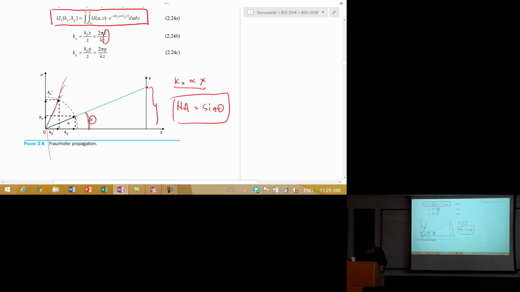How does the wavelength affect things? So kx is proportional to 1 over lambda. What does that tell you? The shorter the wavelength, the higher the frequency. What does that mean?